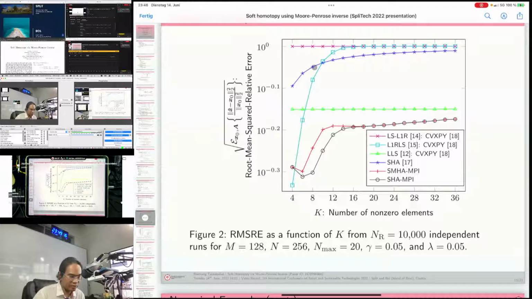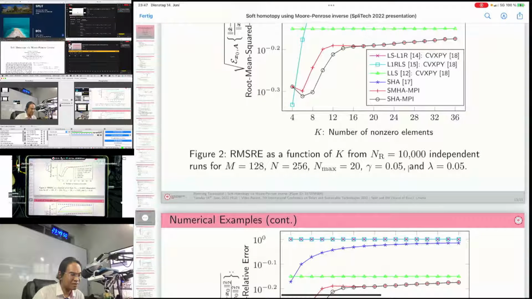Here we plot it with k, but we change the gamma, the shrinking value, from 0.05 to 0.5. We can see that the error of our methods is still lower. Here you can see the result when we use gamma equal to 0.95, and we still get lower error.